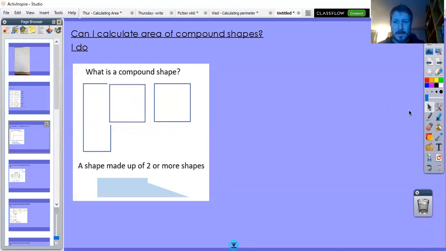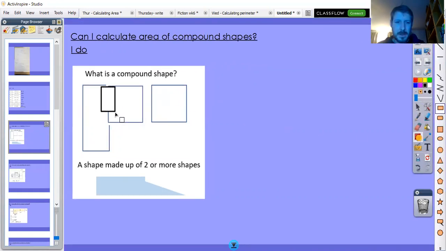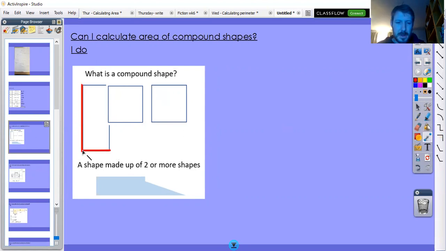If we put them together and pretend that this line wasn't there, then the shape goes around here, down here and across, to there, to there, and to there.